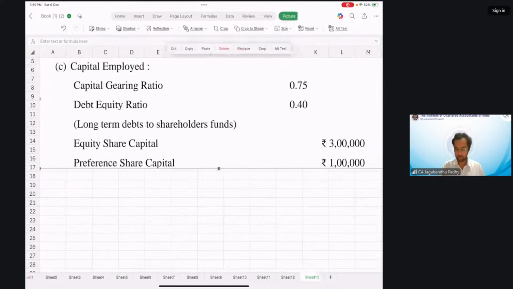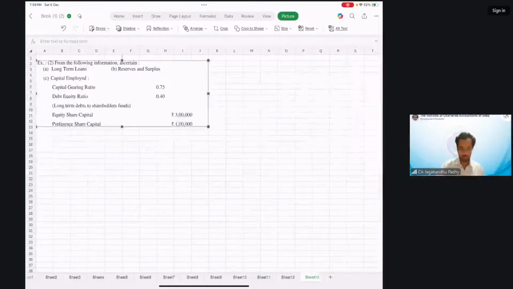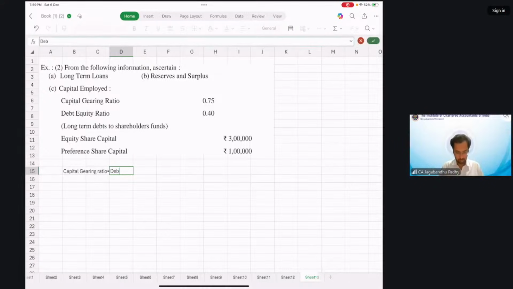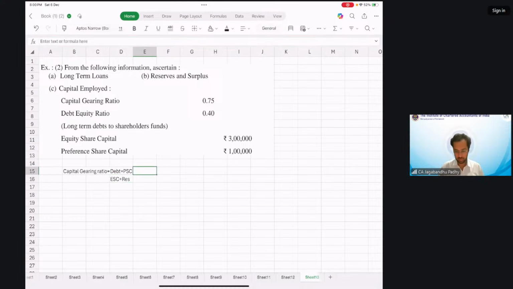So here, when we look at capital gearing ratio, it's going to be debt plus preference share capital upon equity share capital plus reserves. And we know that this is given to be 0.75. So this ratio is 0.75. Okay. That's a capital gearing ratio.